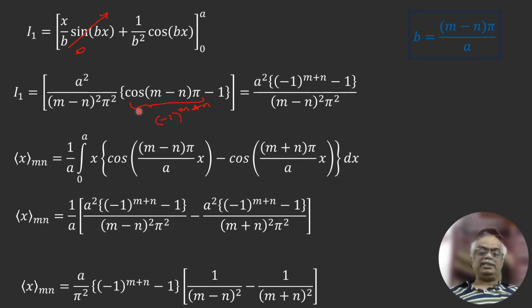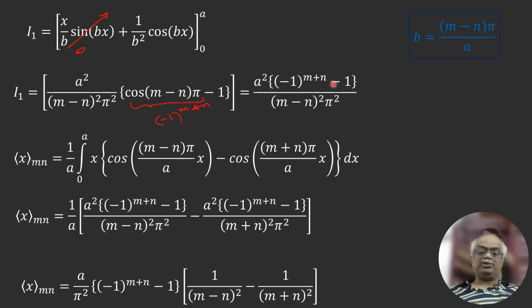So it alternates: if it is an even number, it is plus 1; odd number, it is minus 1. So I am going to write cos (m minus n) pi as minus 1 power (m plus n).